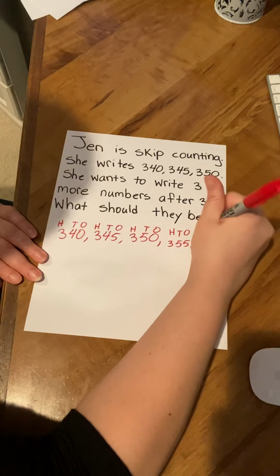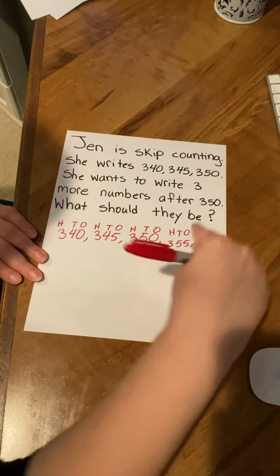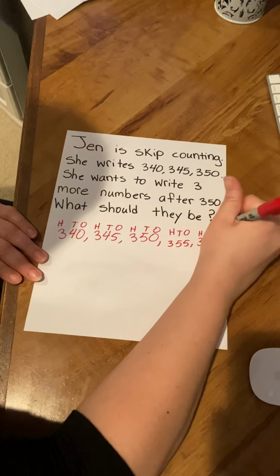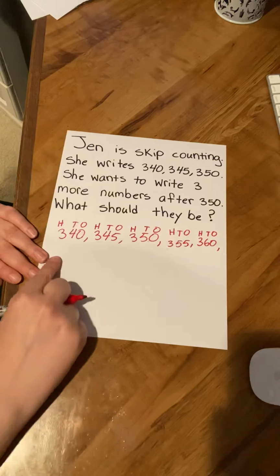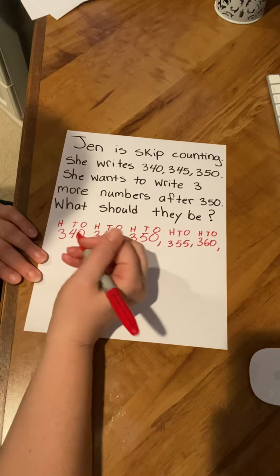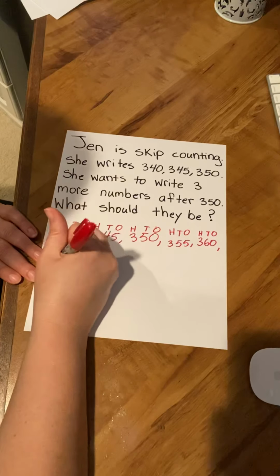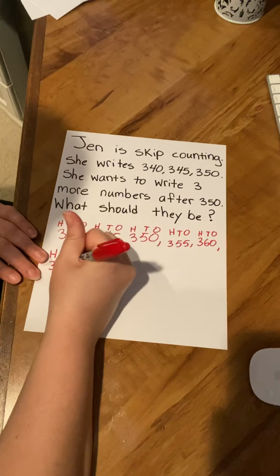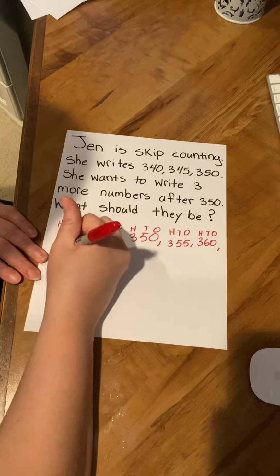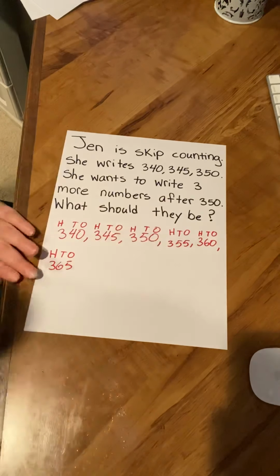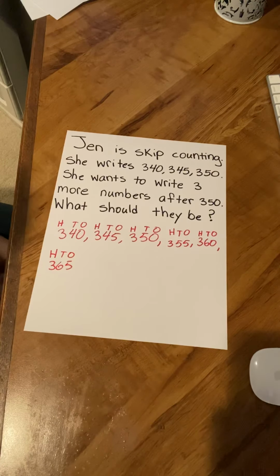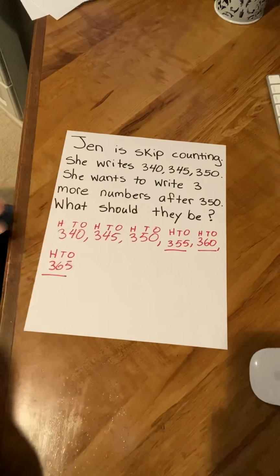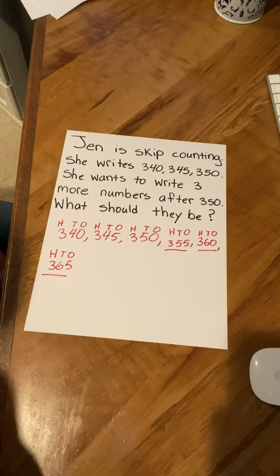There's my hundreds, 3. 55, 60. Tens, ones. And I'm going to bring this down here. My next number, I know my hundreds is a 3. 55, 60, 65. These are the next 3 numbers skip counting by fives.